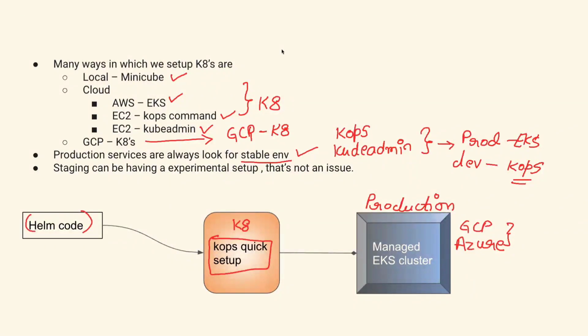The reason we are choosing a managed EKS cluster is that it already gives us a lot of flexibility in terms of compatibility with other AWS components, and less maintainability effort from our end, meaning we don't have to spend a lot of time maintaining the Kubernetes cluster itself. This is how you can handle this question in the interview.